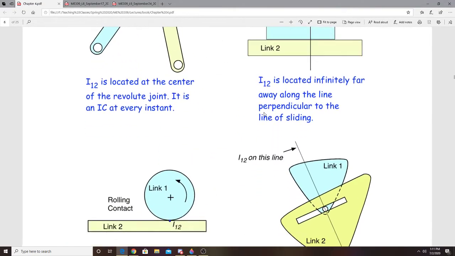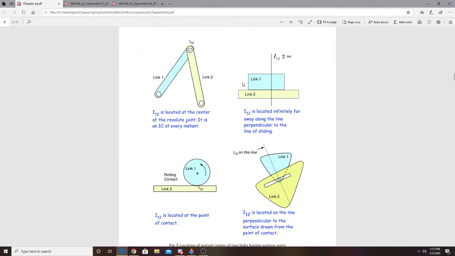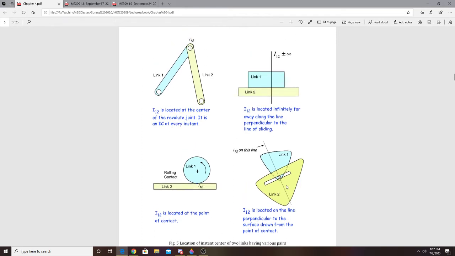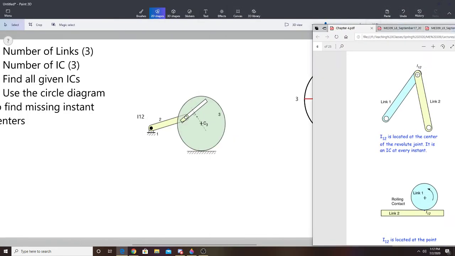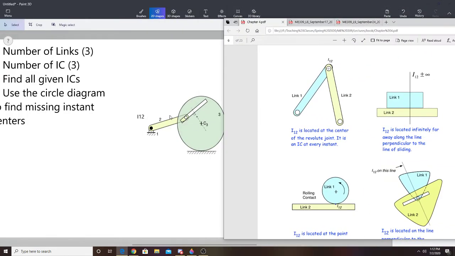Right here. So if you recall, we have sliding, revolute, rolling contact, and roll slip, right? So what do we have in our problem? Remember this in front of us. What is our problem? Right here.